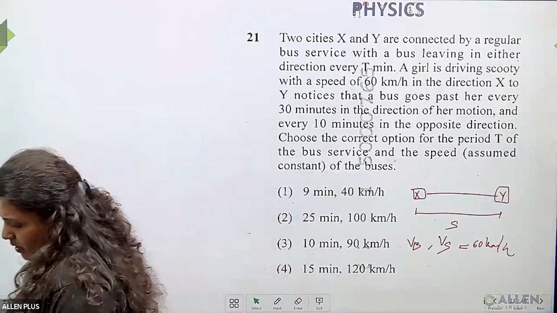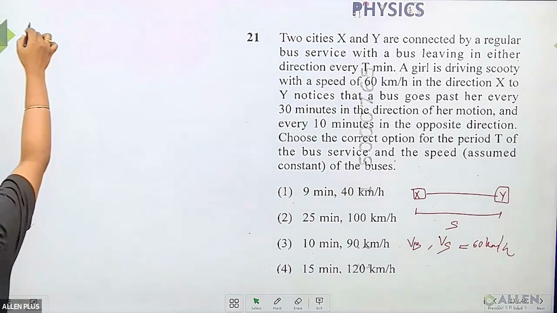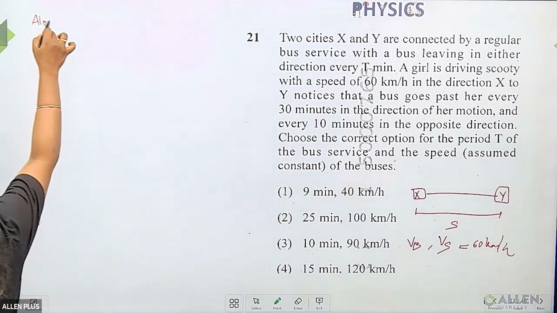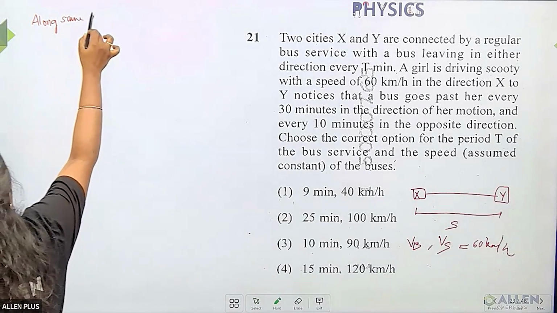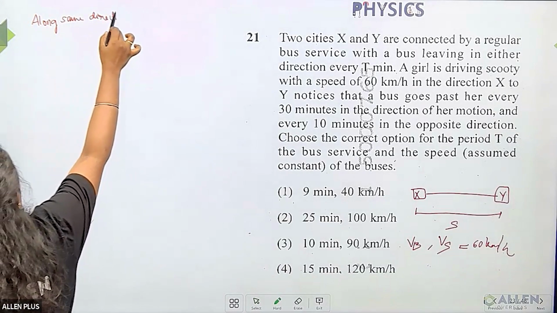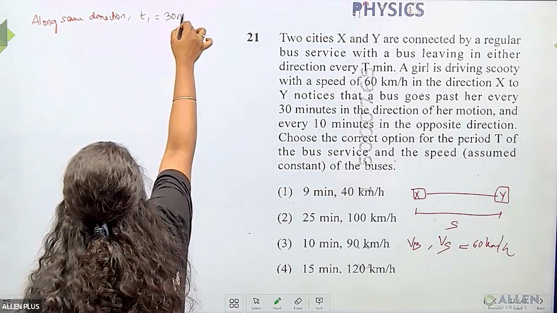She notices a bus passing her every 30 minutes in the direction of the motion. When the bus and the scooty are going in the same direction, let me say the time taken T1 is equal to 30 minutes.